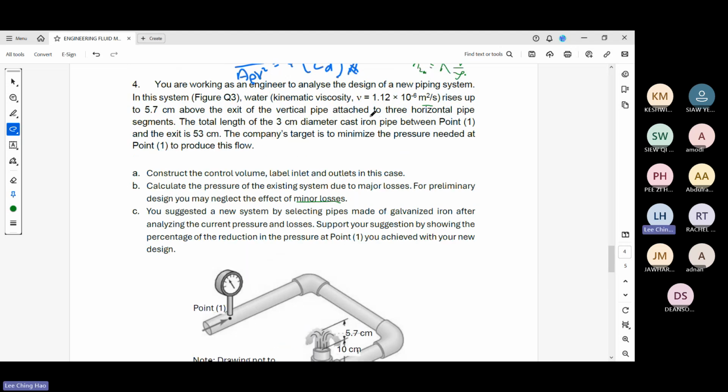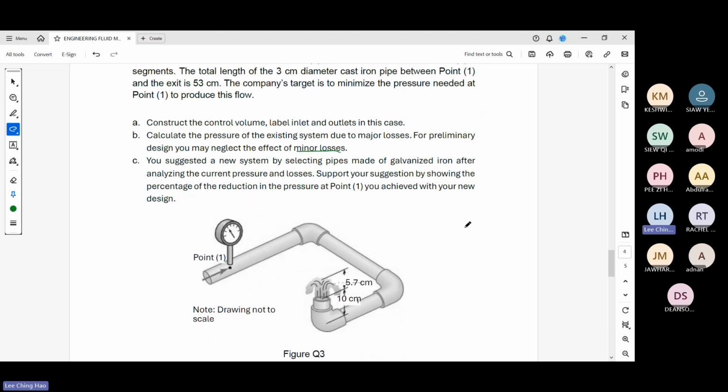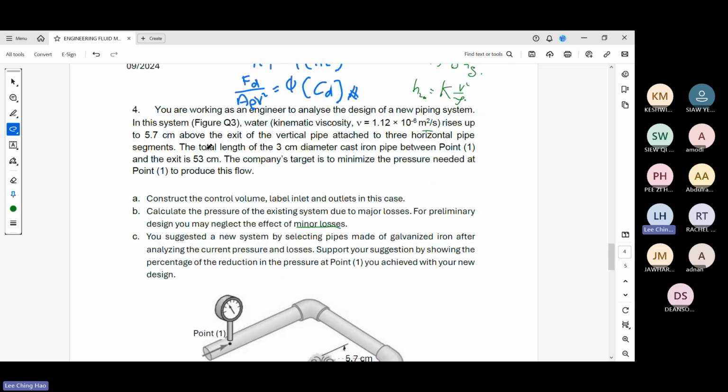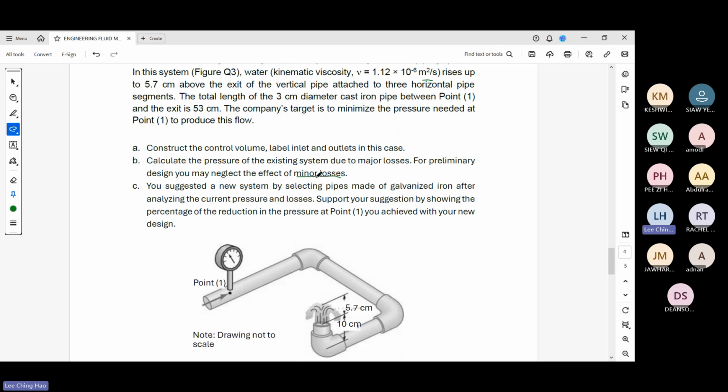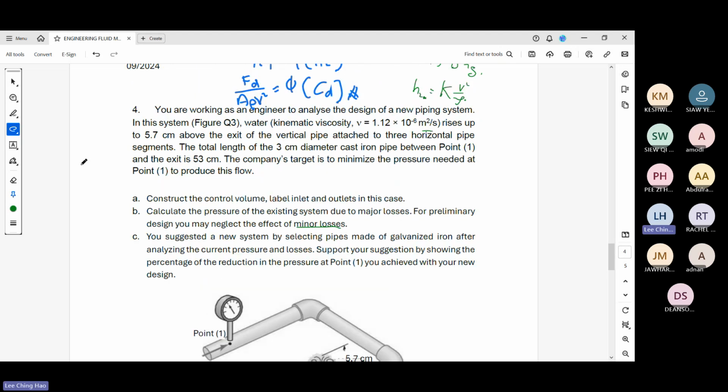It is attached to three horizontal pipe segments, 1, 2, 3, because you have bending. The total length of the 3 cm cast iron pipe between point 1 and the exit is 53 cm, which means the length is 0.53 m.